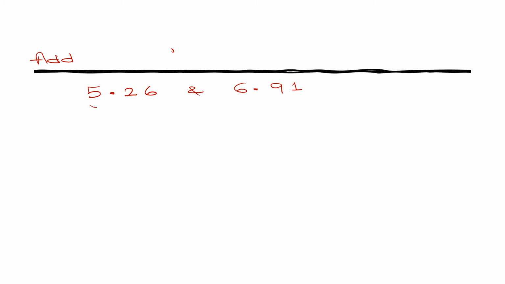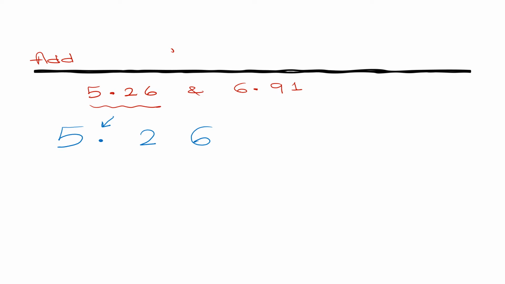The first term you write as it is. Vertically we have to add, so I am writing here 5, then point, then 2, and then 6. This is said to be the decimal, and we can also call it the point.